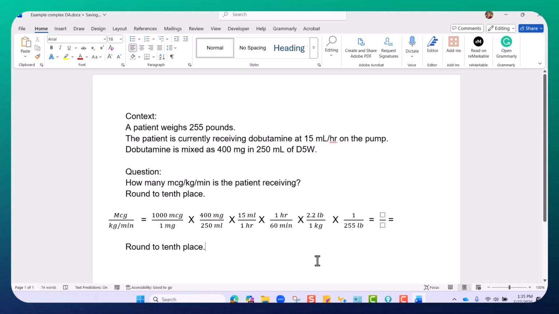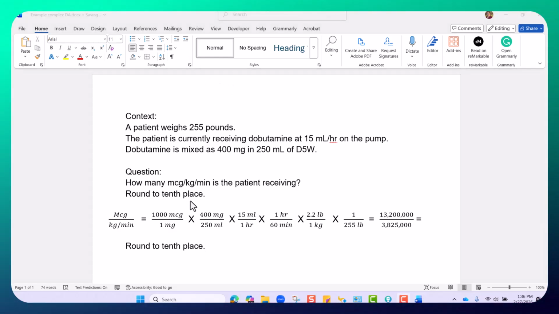Now what the students are instructed to do is multiply all their numerators together, then multiply all their denominators together. Yes, we do teach them you can do your numerators and then one by one on the calculator, do your denominators. But in the beginning, that is really too much for them. When they do that calculation, they get their numerator, they get their denominator, and then they're instructed to divide that denominator into that numerator.